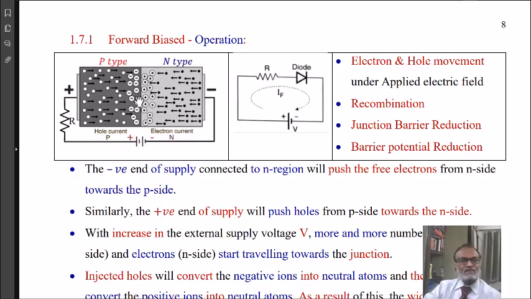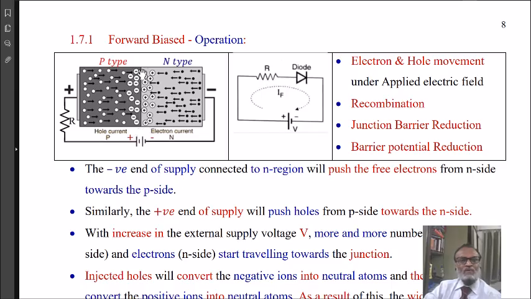Due to this applied potential, the holes from the p-type area are attracted towards the negative terminal of the battery, and therefore they cross the junction, leaving behind negative ions on the p side around the junction, whereas the electrons from the n side are attracted towards the positive terminal, leaving behind immobile positive ions on the n side around the junction. So there is an accumulation of positive immobile charges and negative immobile charges around the junction.